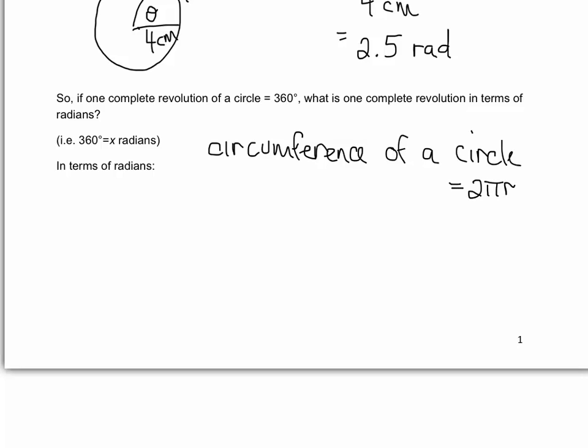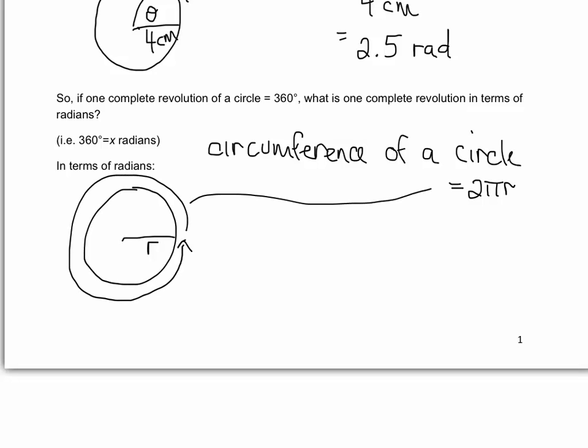And so if we went around a circle one complete revolution with a radius of r, then our arc length would be 2 pi r. If we plug that into our formula, we would have 2 pi r over the radius, which is r, which would give 2 pi. That means that one complete revolution around our circle is equal to 2 pi.